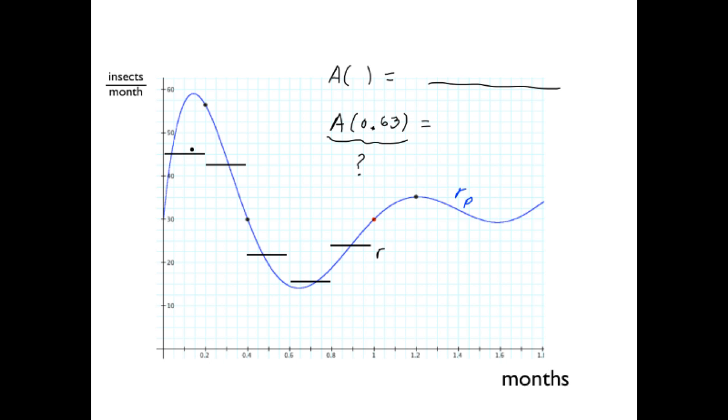So we want to get the accumulation in this first interval. What's that going to be? 45 times dx. And then we have some accumulation from the second interval here. Looks like about 42. So at the constant rate 42 times the change in time of 0.2.